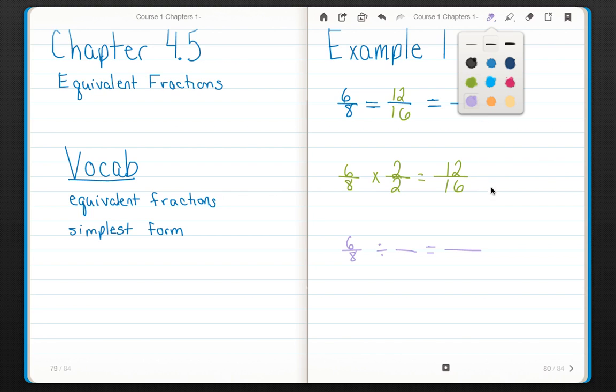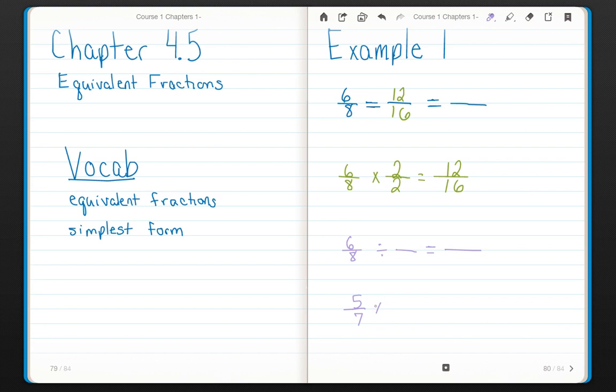The other option is to reduce or simplify by dividing by a common factor. Now, not every fraction can be reduced. For example, 5/7 cannot be reduced. They have no common factors, so I cannot divide 5 and 7 by the same number.